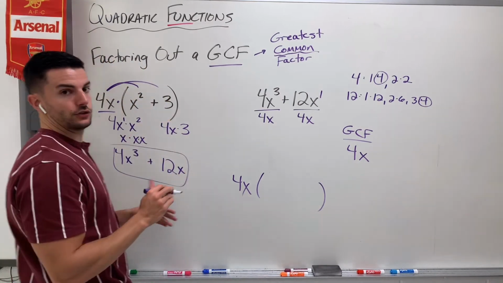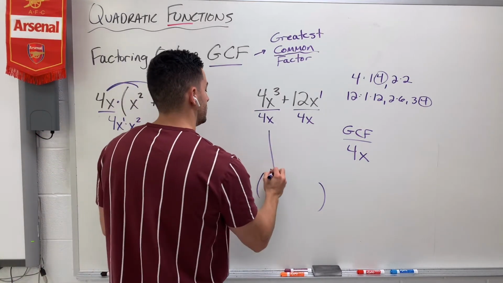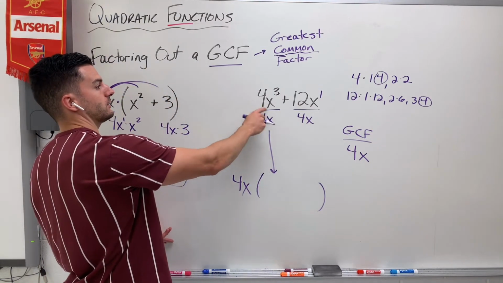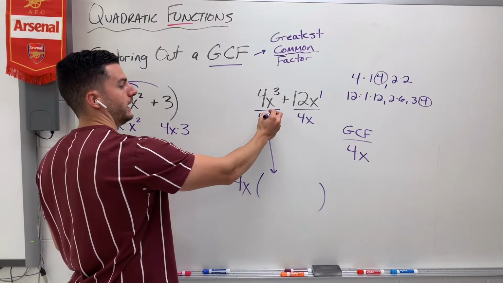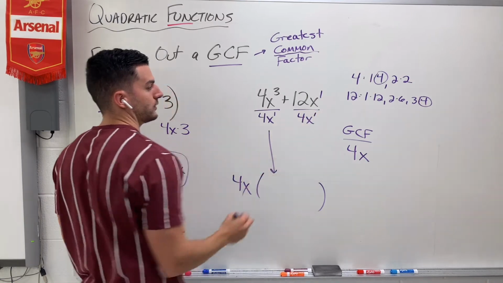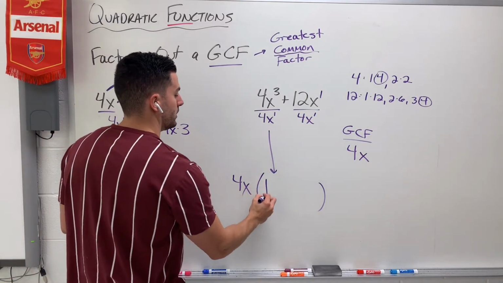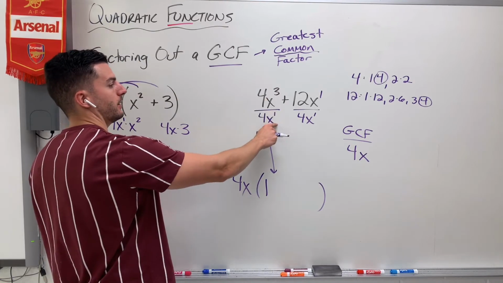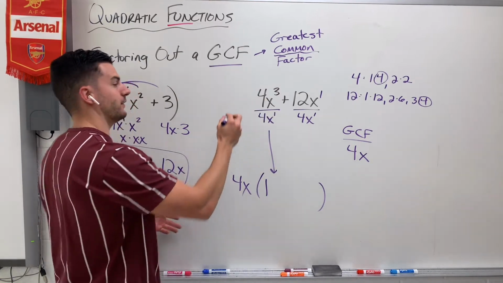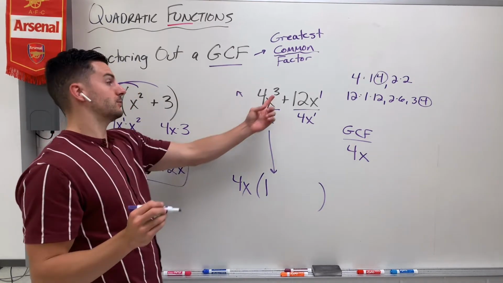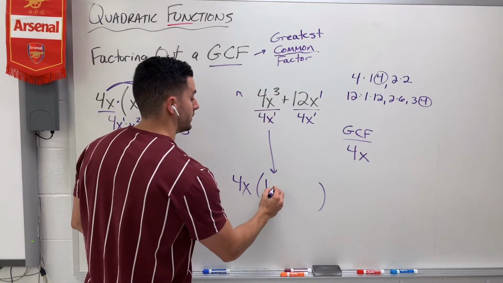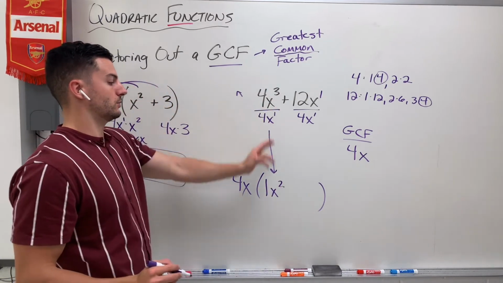to get these 2 inside terms, okay? So 4x cubed divided by 4x, and again, you can write the 1 exponents on there. So 4 divided by 4 would be 1. X cubed divided by x to the first, if that's tricky for you, you would subtract these exponents to get x squared, so 3 minus 1 is 2.